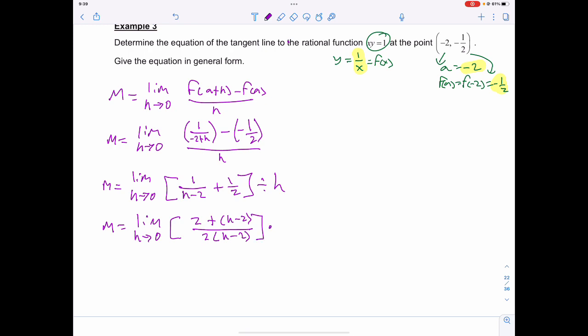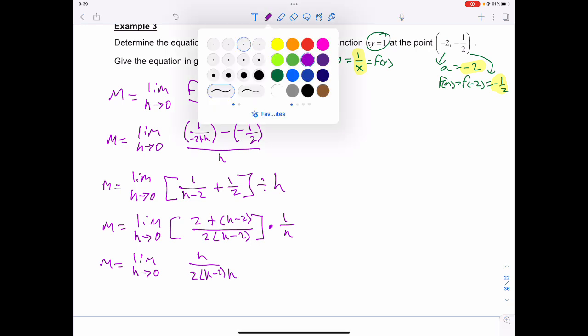Divide by h is the same as multiply by 1 over h. This is going to give me the slope is the limit as h approaches 0 of 2 plus h minus 2 is just h over 2 and h minus 2. And when I multiply this by 1 over h, I just wind up with another h in the denominator.